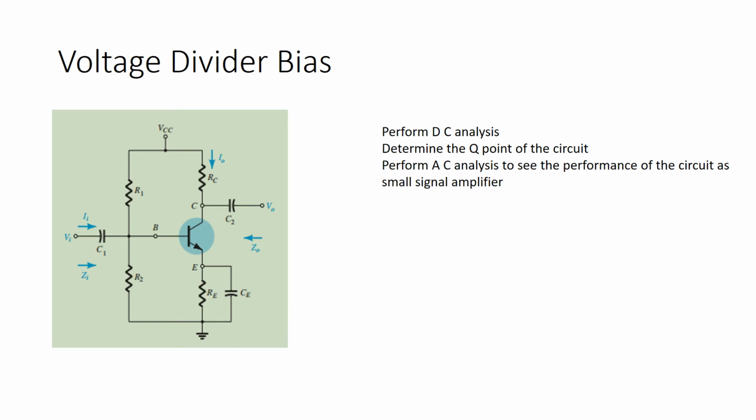Voltage divider bias. First perform the DC analysis. When you are performing the DC analysis, these capacitors will again be short circuited. Now here you will find a new component, the bypass capacitor CE. So this will also be short circuited.